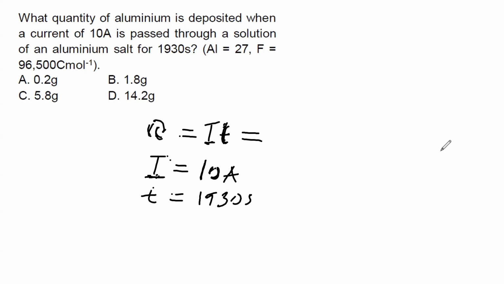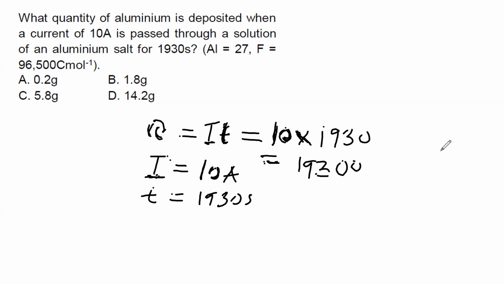So we have I as 10, and T as 1930. Now we have 10 times 1930. If we multiply this, we have 19300.